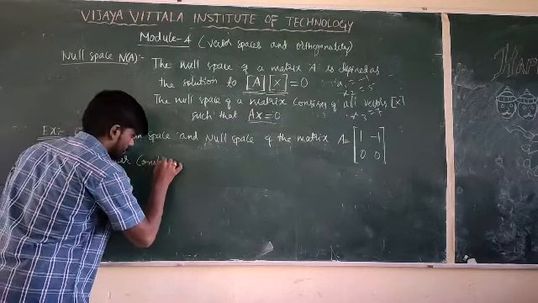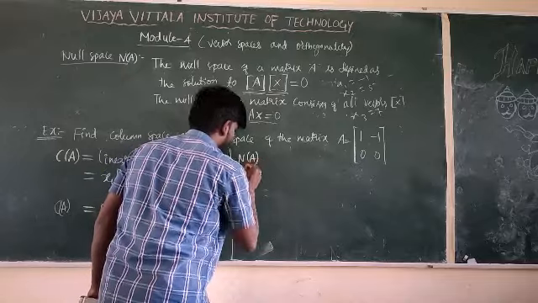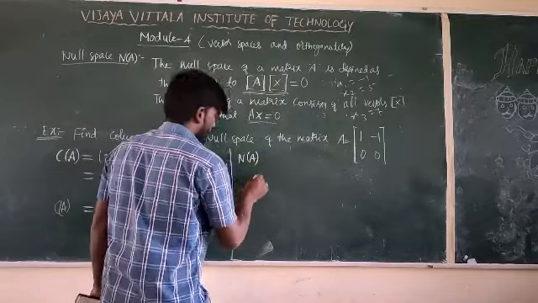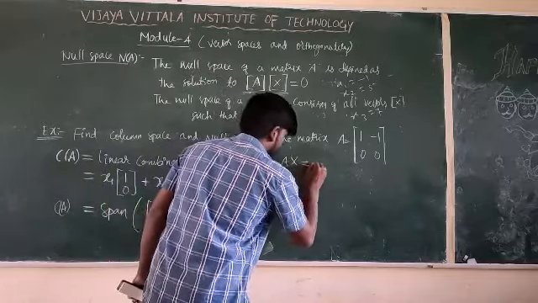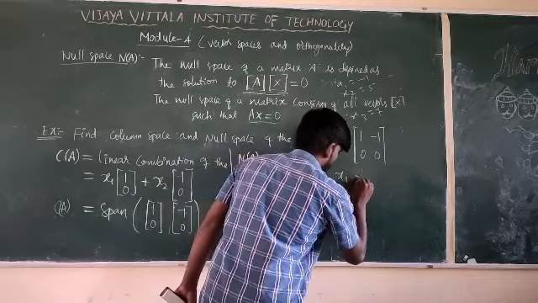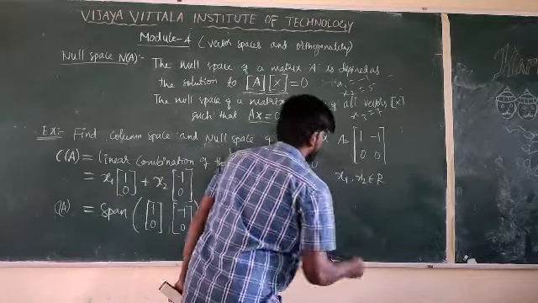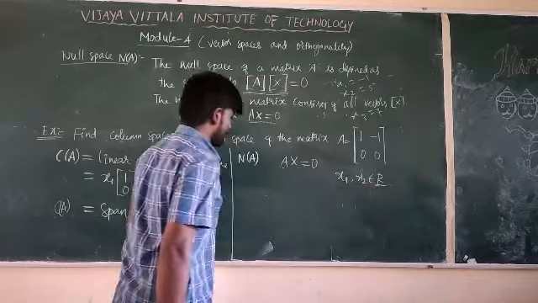Next we will see how to find the null space. Null space N of A is a solution of AX equals 0. Here A is the given matrix and X is the vector containing x1, x2, which belongs to the real vector space.